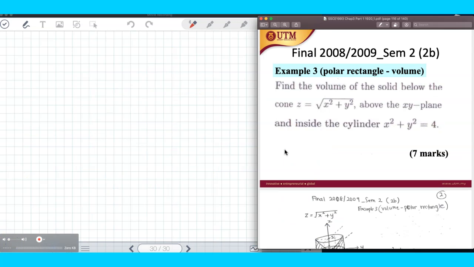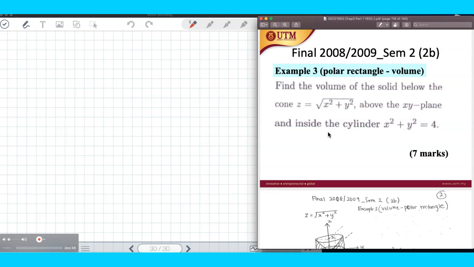Okay, so look at the example for finding volume using the polar coordinate system. Here the solid that we have is below the cone and above the xy plane, but inside the cylinder. So now there are so many surfaces that you have to sketch.